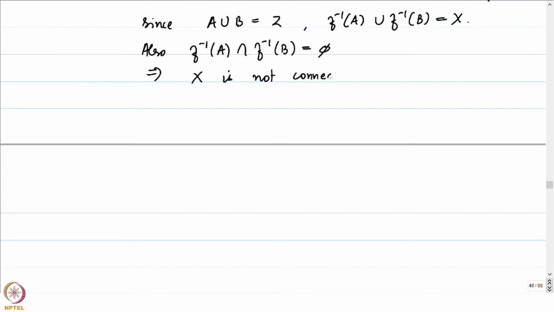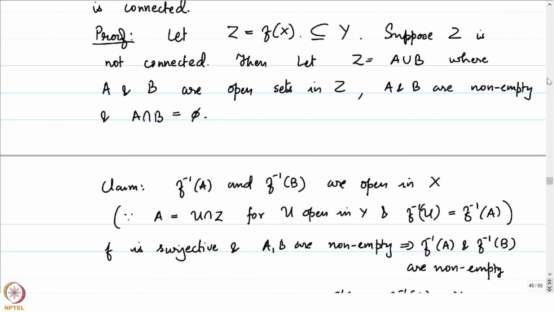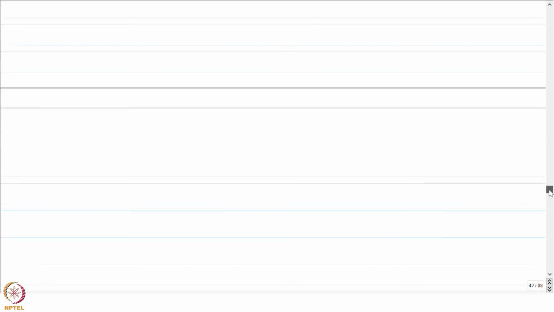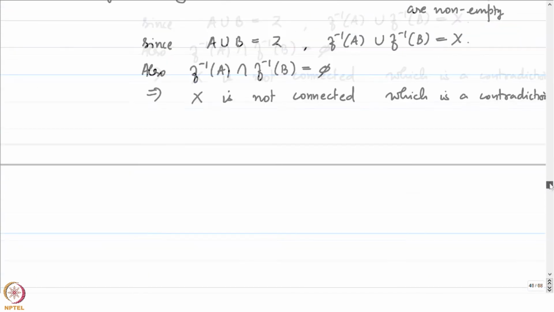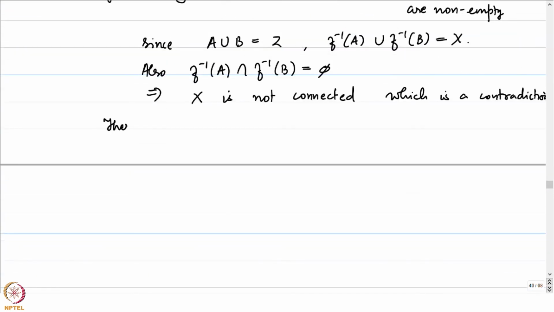There is a separation, which is a contradiction. So that means our assumption to begin with was false, the assumption that there is a separation of Z. Hence, there does not exist any separation of Z, and therefore Z is connected. That's what we had set out to prove, right? Okay.